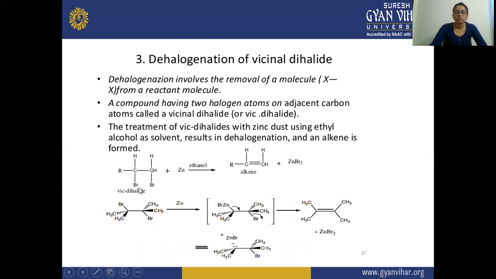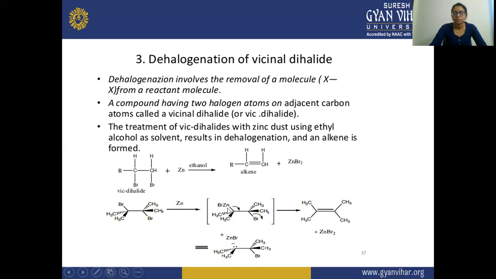In this reaction, you can see that the vicinal dihalide reacts with zinc, and there is a formation of alkene as well as zinc bromide. The zinc attacks the Br position and takes it.